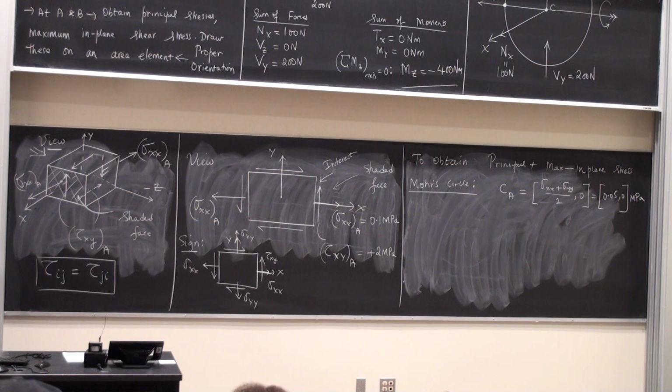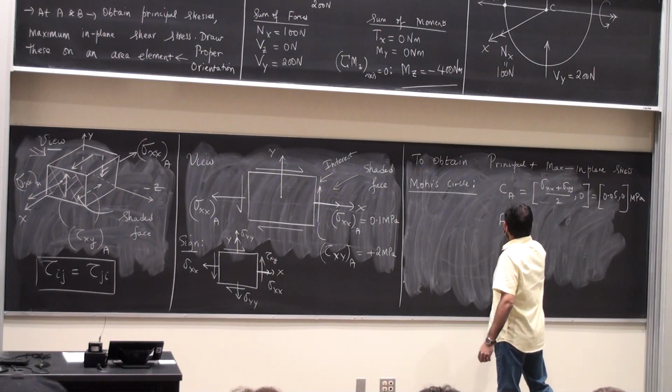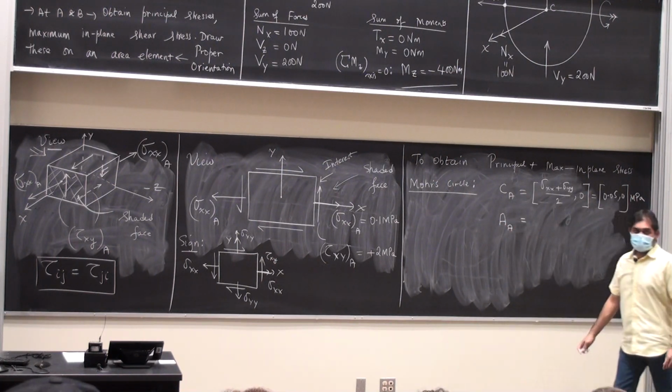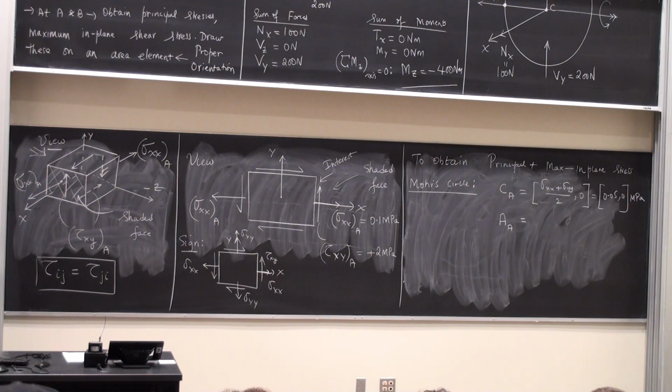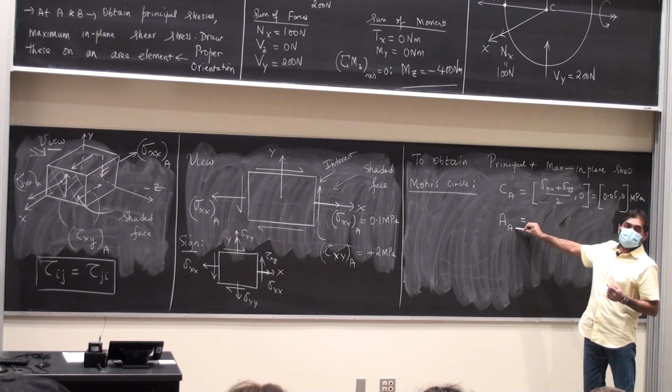Then I have the point of interest. That is the stresses on the face that I've called the face of interest. So we typically call that A. You remember from last time the point A on the Mohr circle. The subscript here represents the fact that I'm doing this for the point A on the cross section.